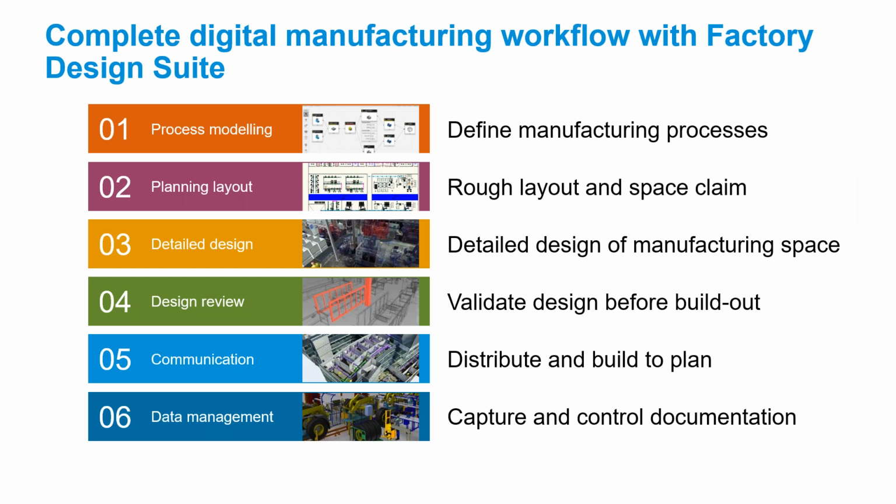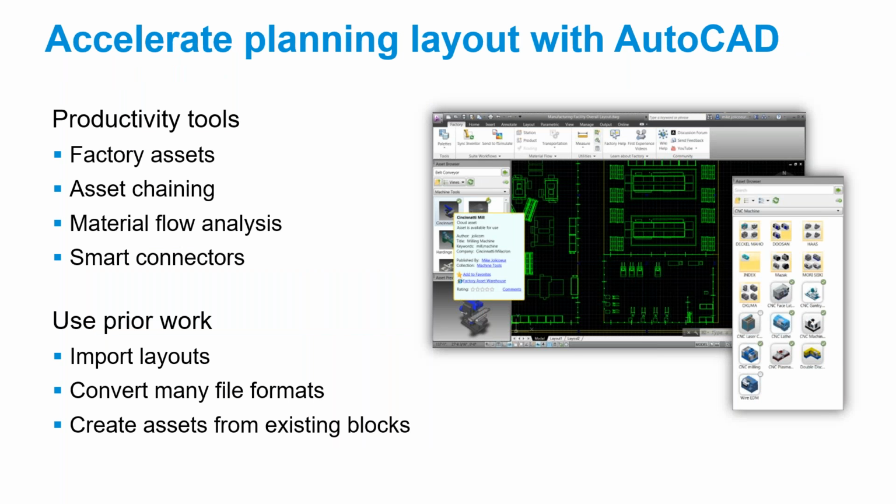You go ahead and create a detailed design of it. You review the entire design before it is being built, or you review it before it is retrofitted or redesigned. Then you communicate that intent across different stakeholders, either within the organization or outside your organization.